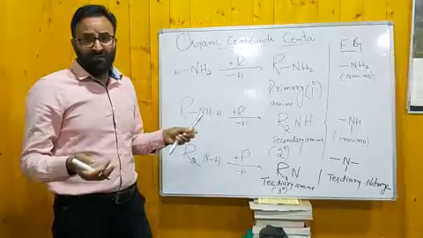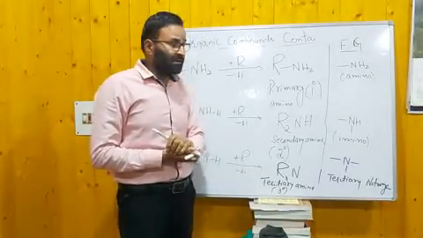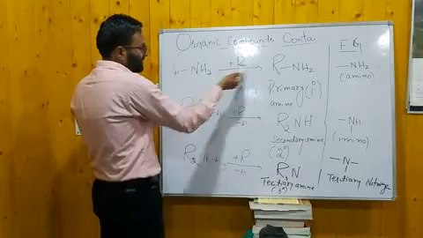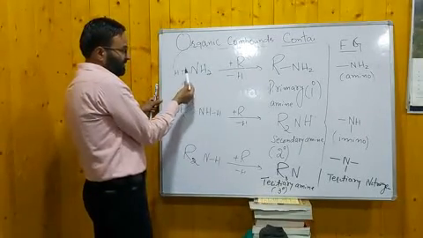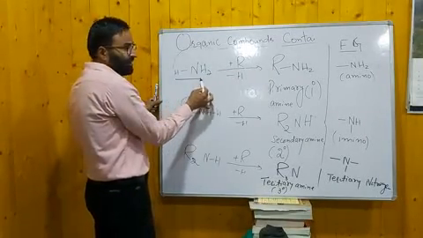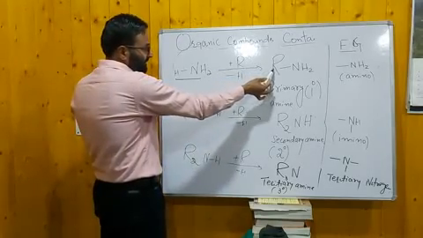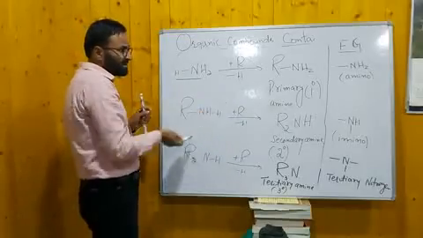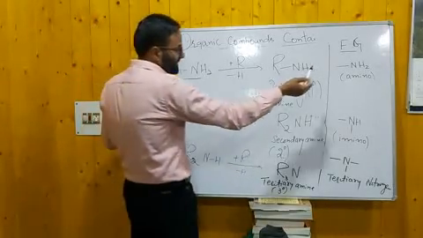Well, how can you define the amines? Dear students, these are the derivatives of ammonia. You replace the hydrogen from ammonia by R. It can be either aliphatic or aromatic. From this, it is clear that amines are of 3 types.